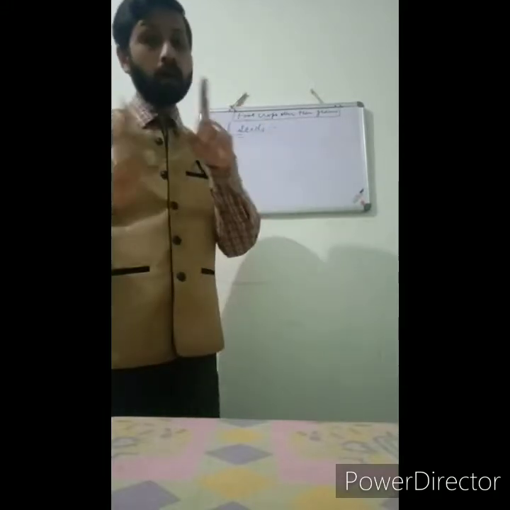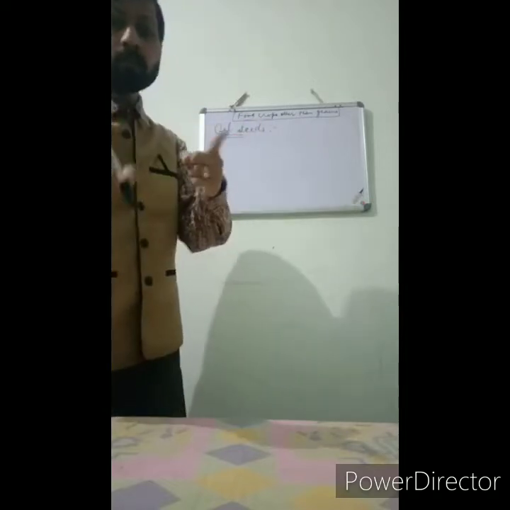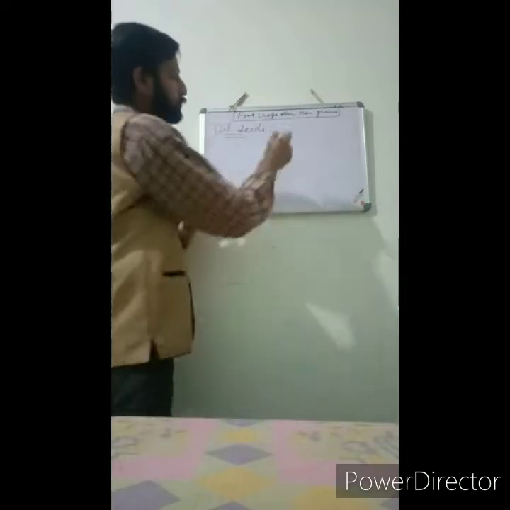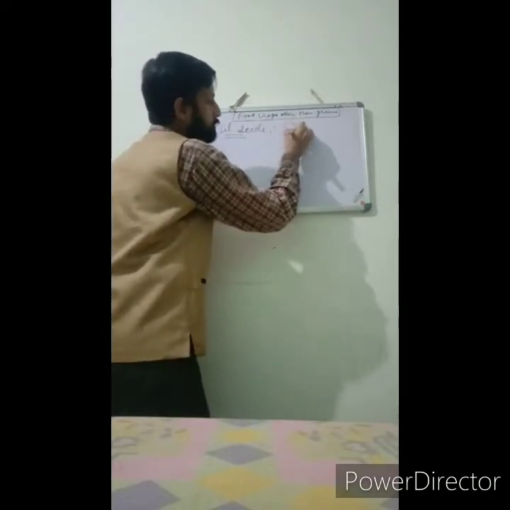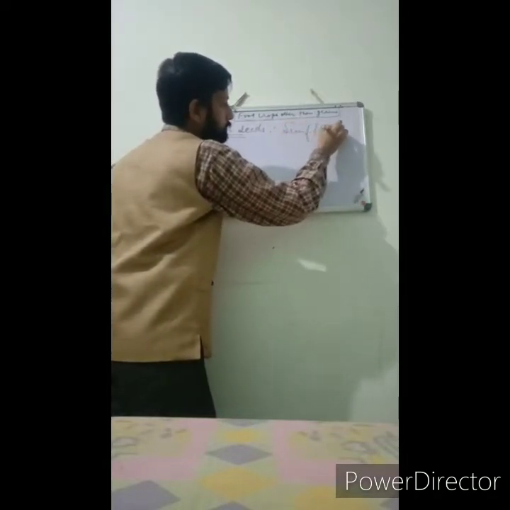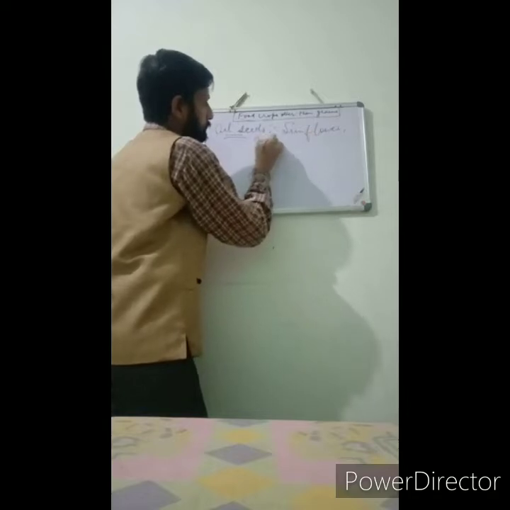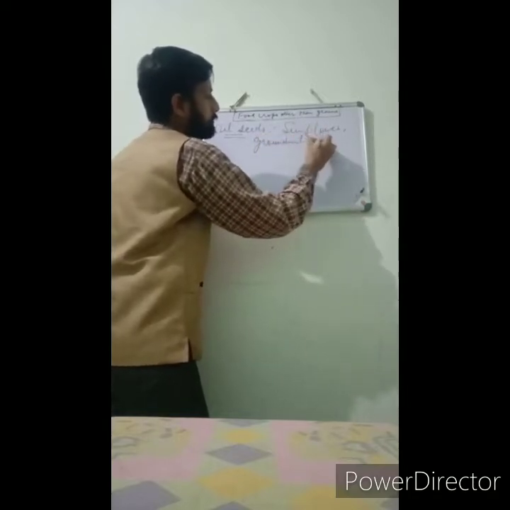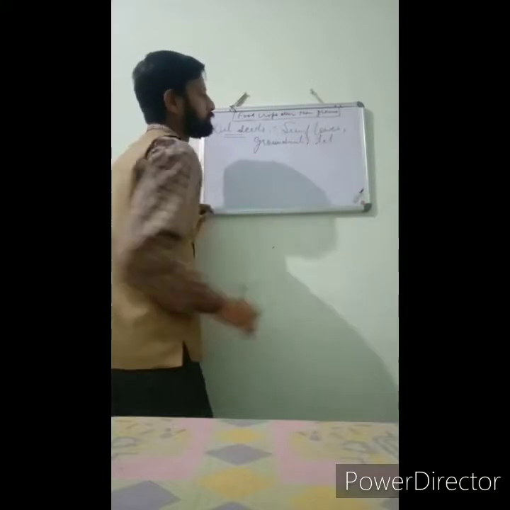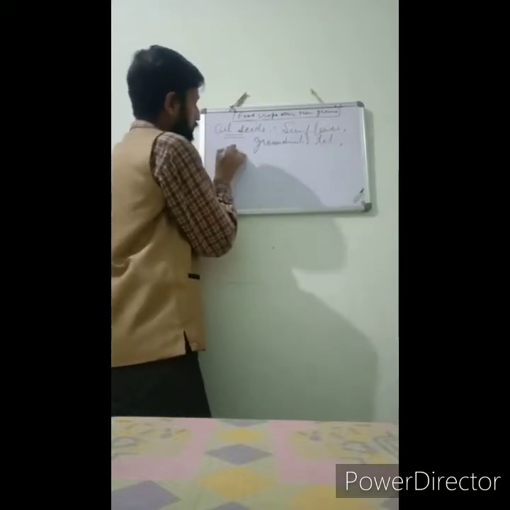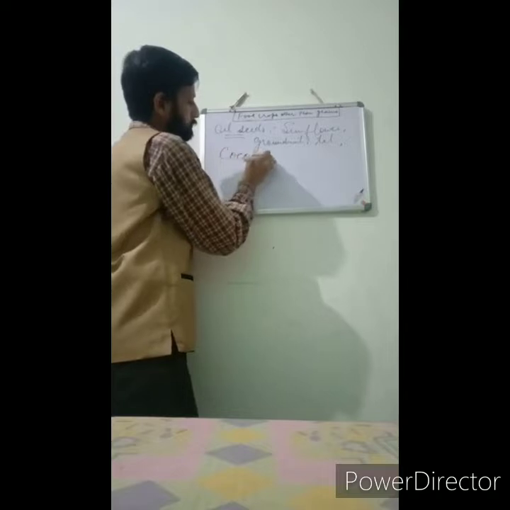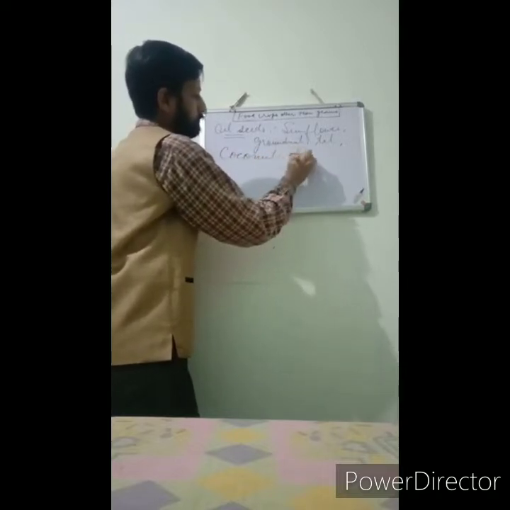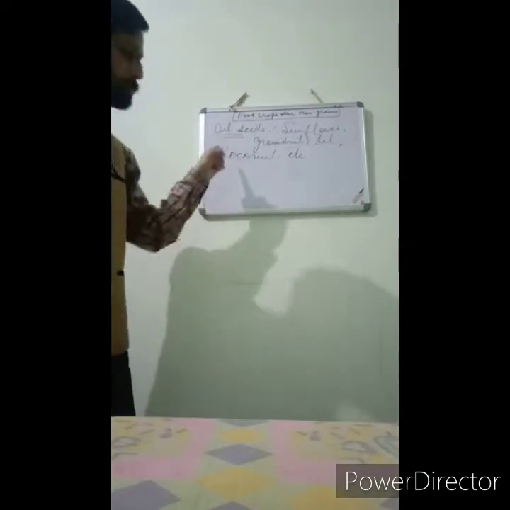Now, again the food crop other than grains. Let me first give an example of this. For example, you take the example of sunflower, groundnut, till, coconut, this is the example of oil seeds.